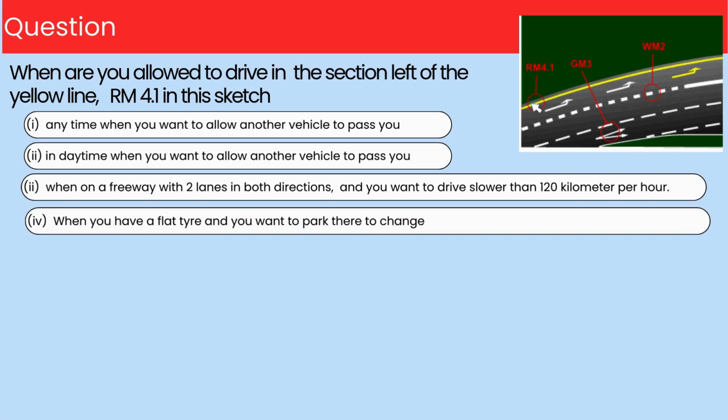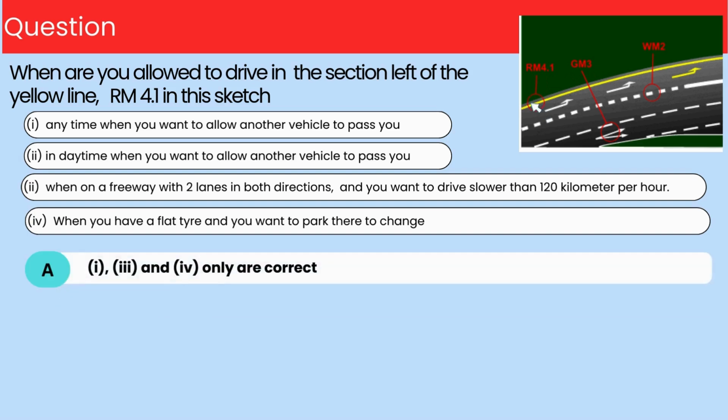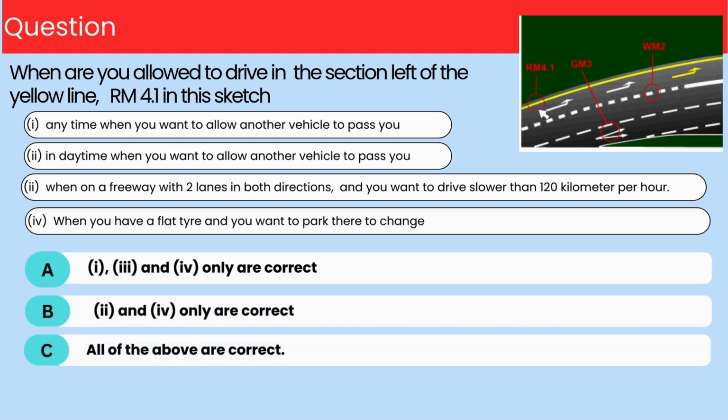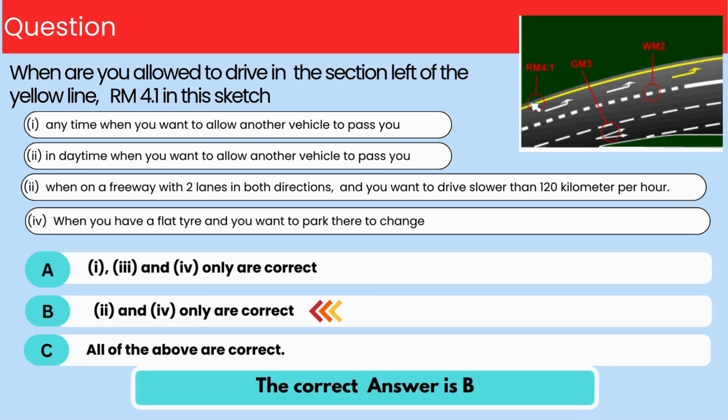When you have a flat tire and you want to park there to change. Select the correct combination. A. 1, 3 and 4 only are correct. B. 2 and 4 only are correct. C. All of the above are correct. The correct answer is B. 2 and 4 only are correct.